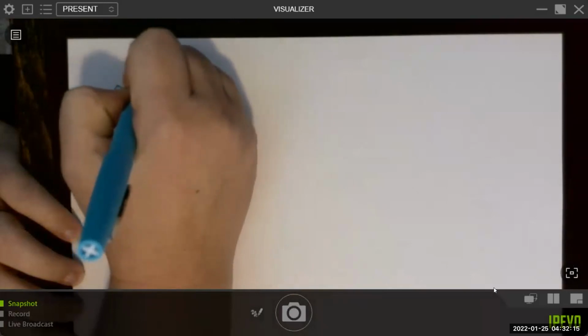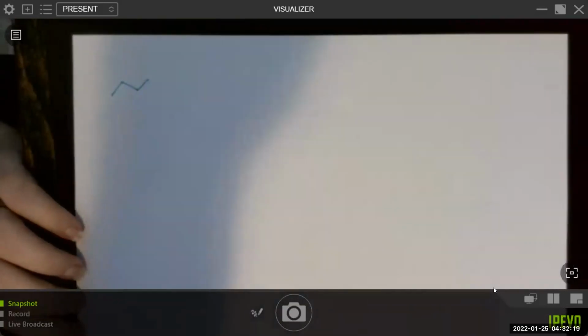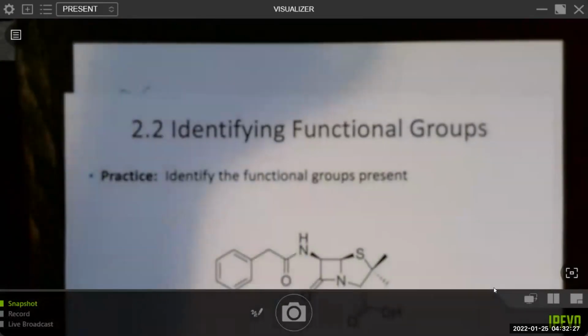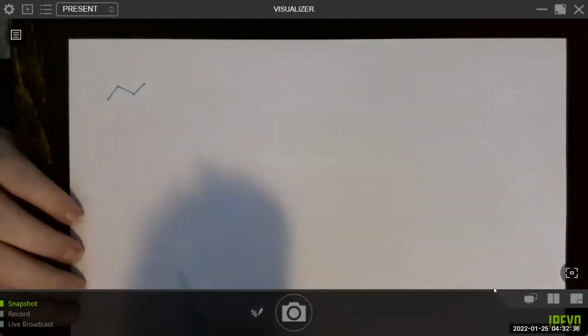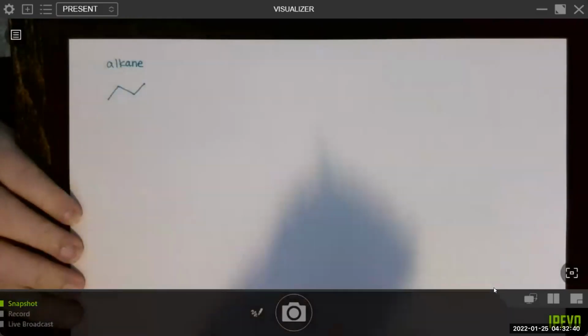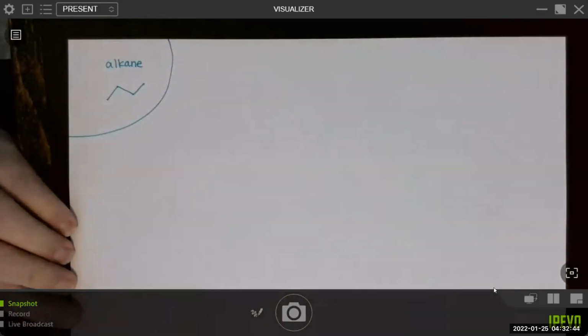So this is a saturated hydrocarbon. We actually are going to call this alkane. However, alkanes are not a functional group.